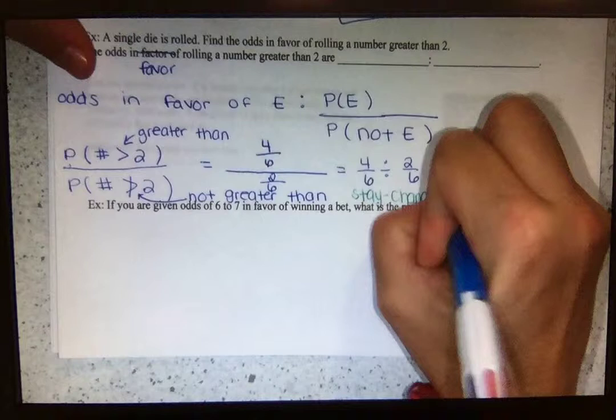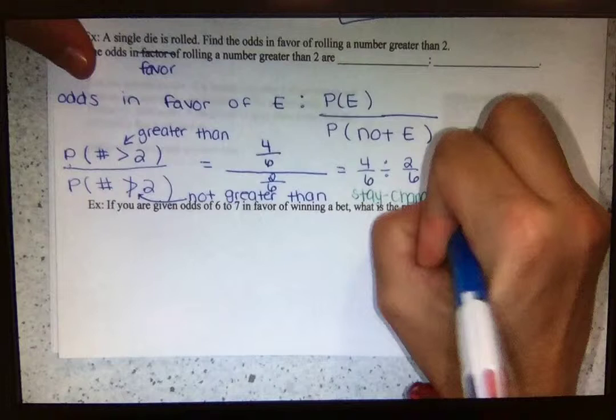So if our odds in favor are 6 to 7, what is our A value? This time we have 6 to 7, so A is 6, B is 7.